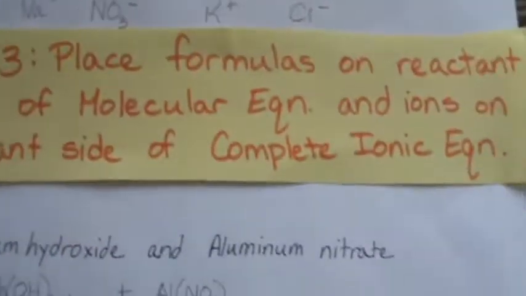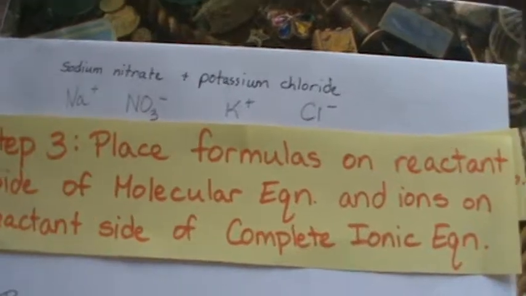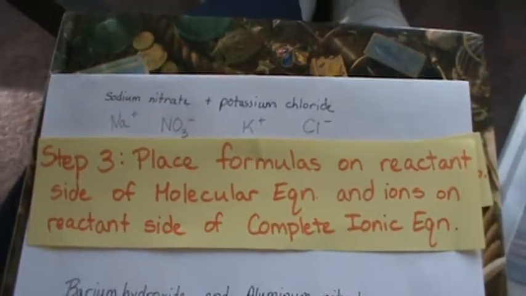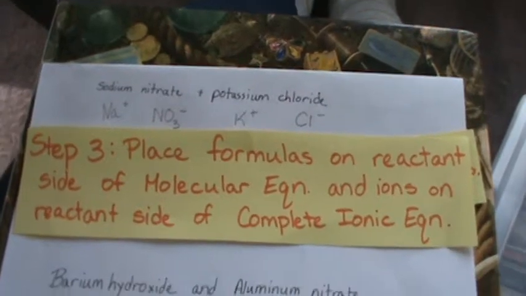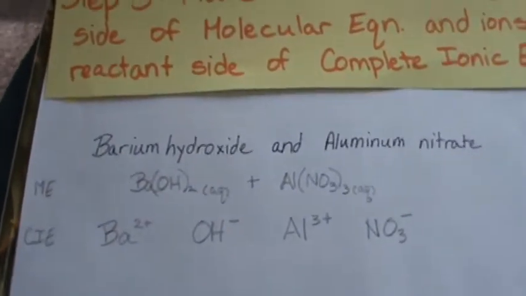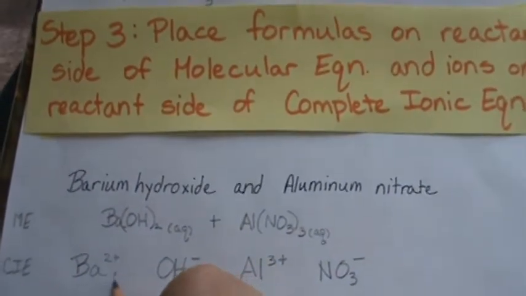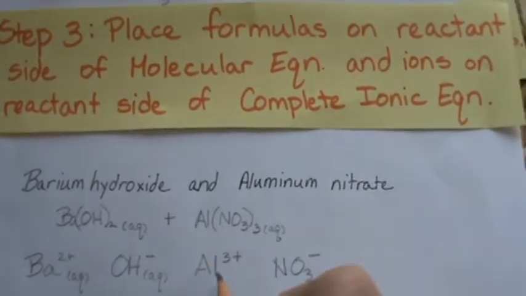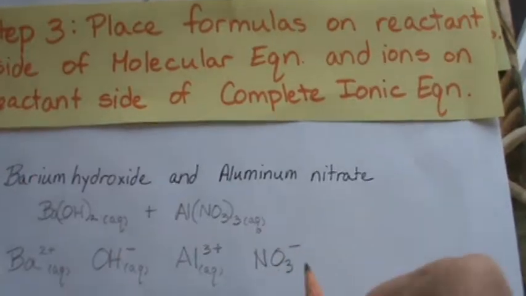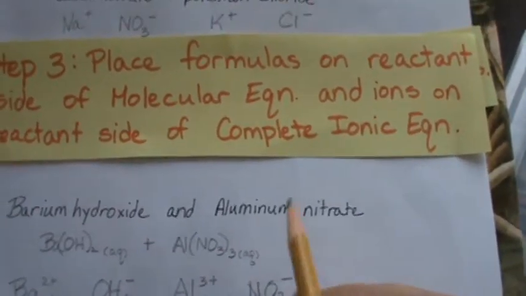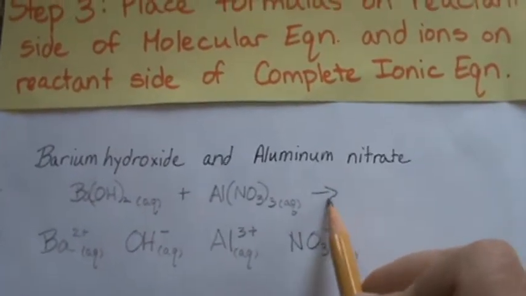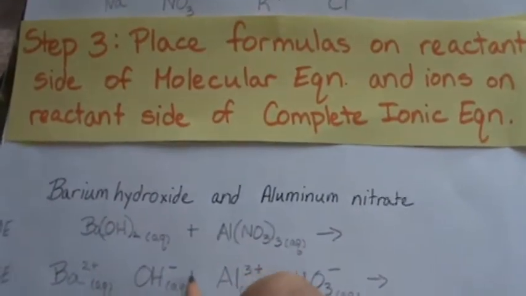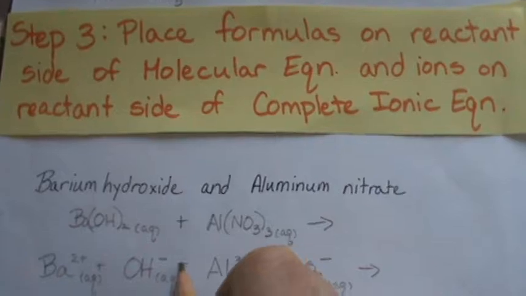The next thing here was our step 3. Place formulas on reactant side of molecular equation and ions on reactant side of complete ionic equation. And I've sort of set that up. And I'm going to finish putting on my states. And I'm going to put in my yield signs. And a plus in here so that I'm all set up.